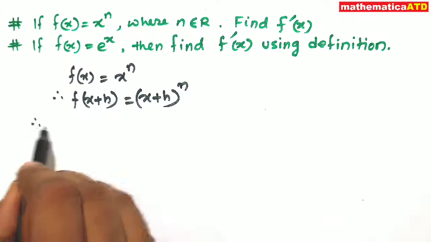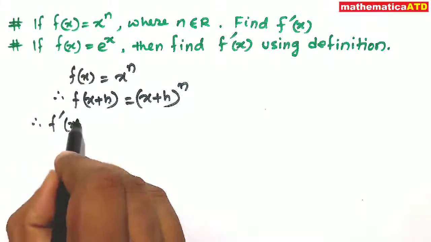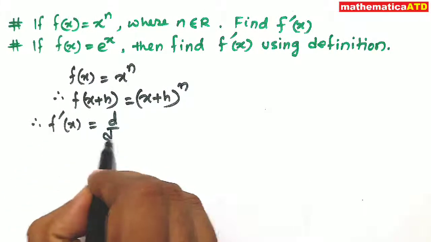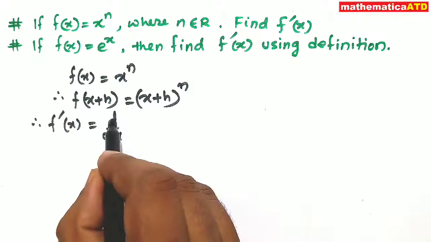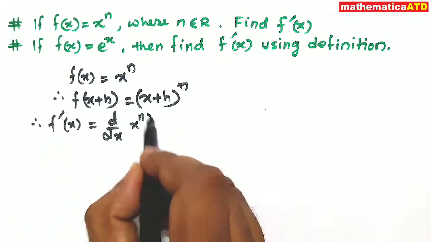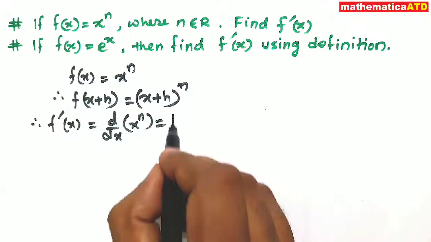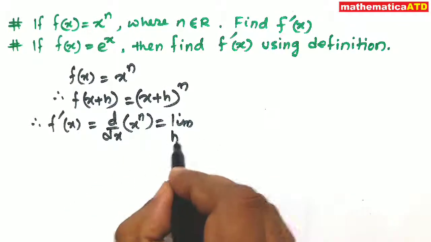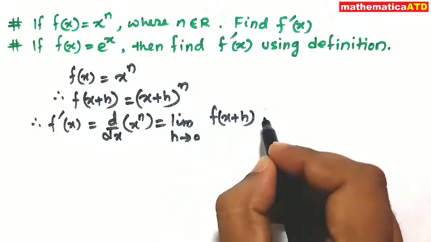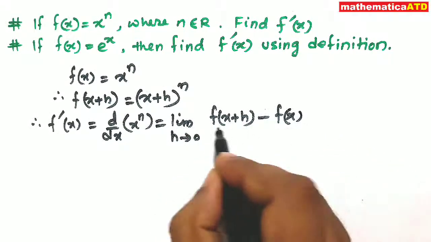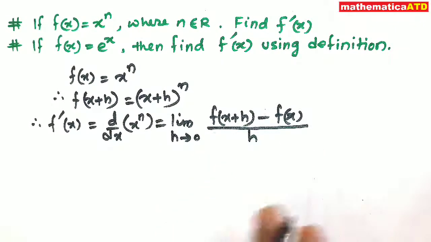So, f'(x), that is d/dx of f(x), and f(x) is equal to x to the power n. So we can write d/dx of x to the power n is equal to limit h tends to 0 of [f(x+h) minus f(x)] upon h.